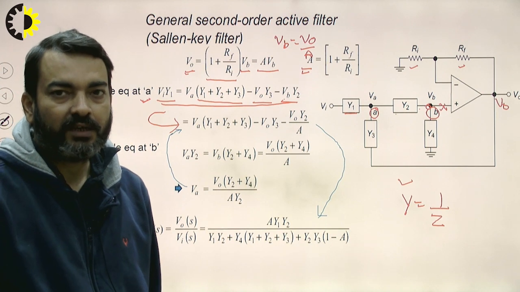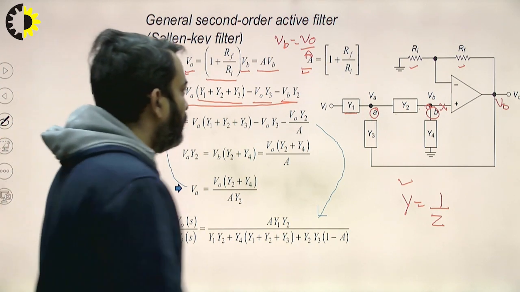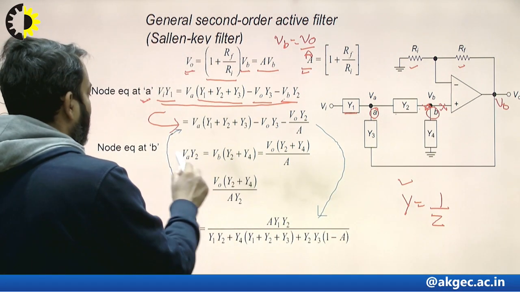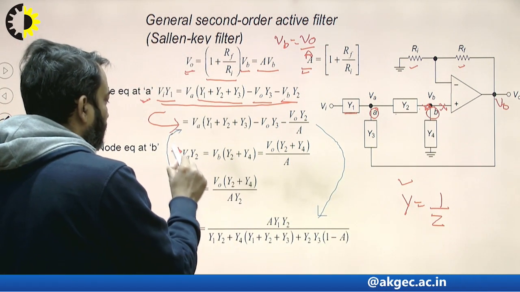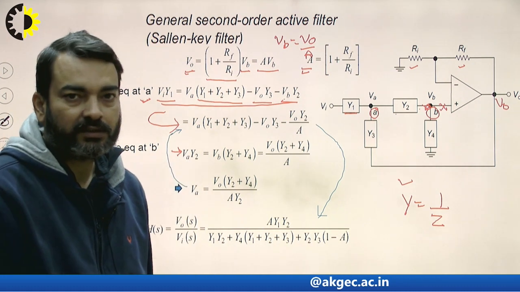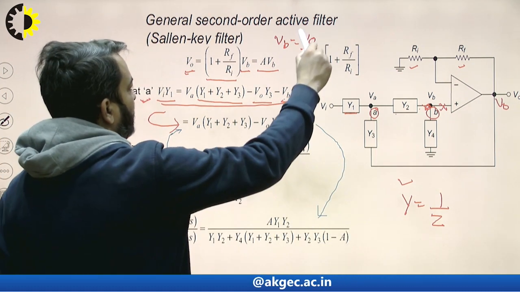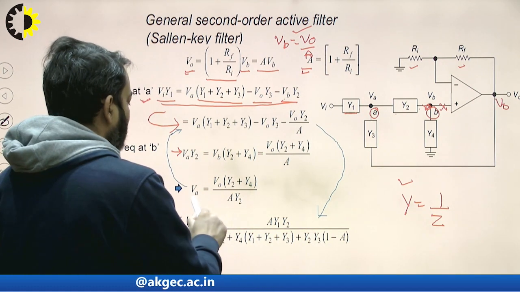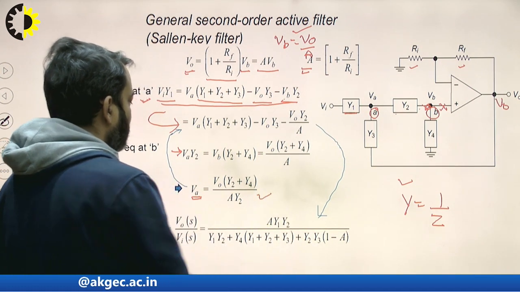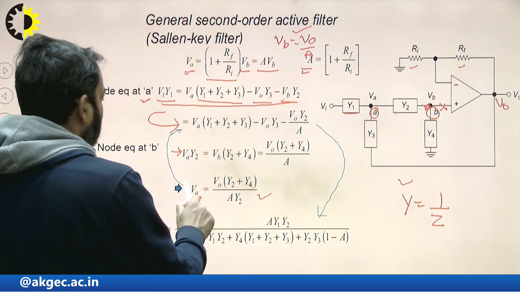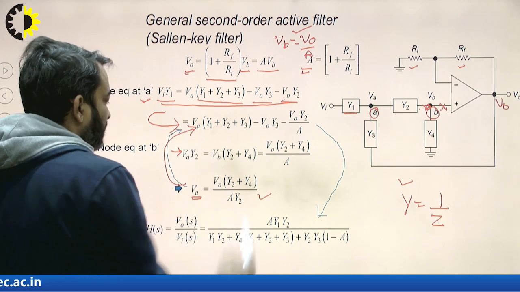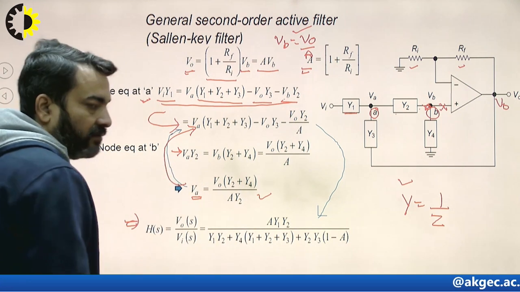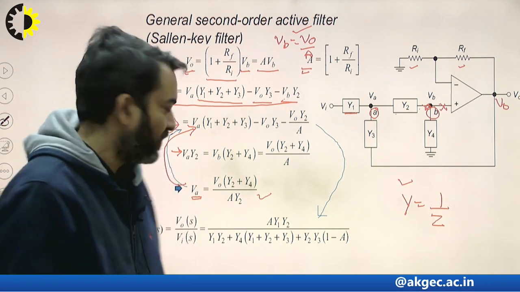In a similar way, we will apply KCL at node B. So KCL at node B will result in this particular equation. And again putting VB equal to V0 by A, we will get VA equal to this much. Now putting this equation into the previous one, we will get the overall transfer function, that is V0 by Vi, as this much.